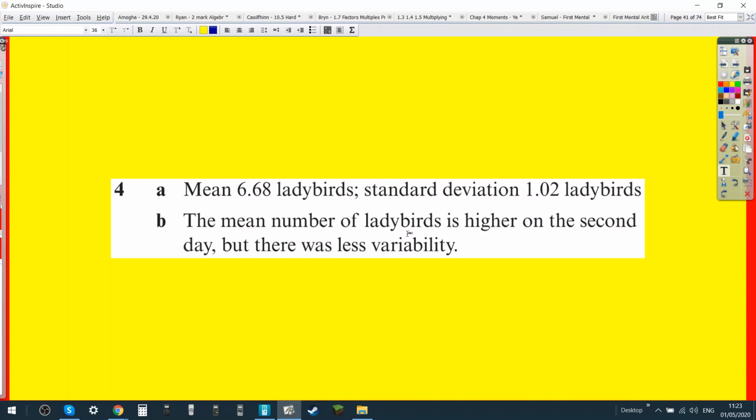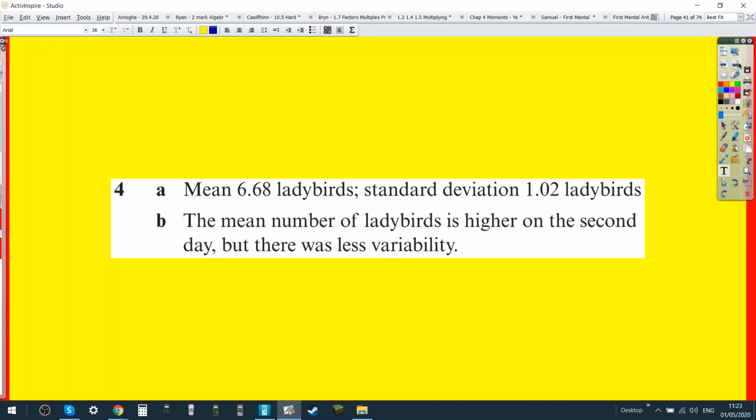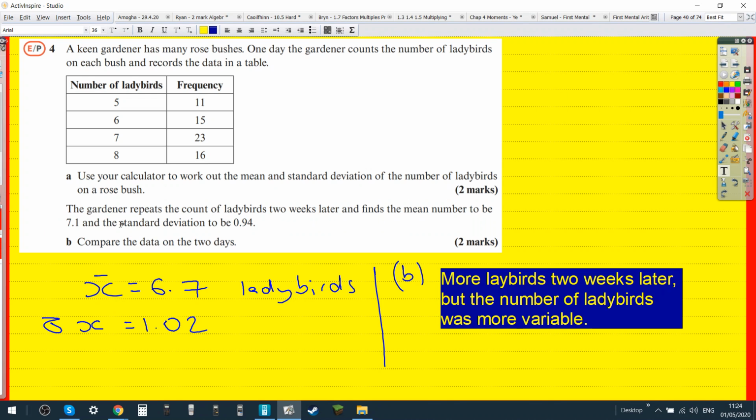The mean number of ladybirds is higher on the second day, but there was less variability. Hold on. The gardener repeats. Let me go back. So the standard deviation is 1.02. It's the other way around.